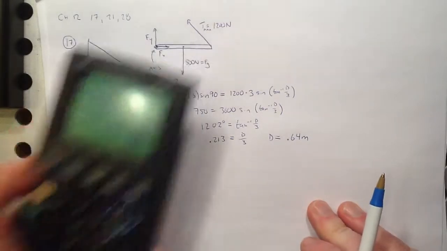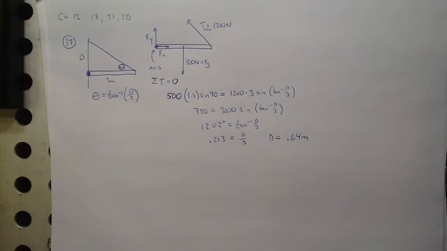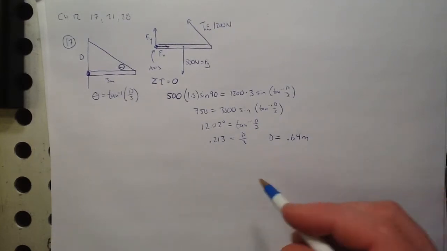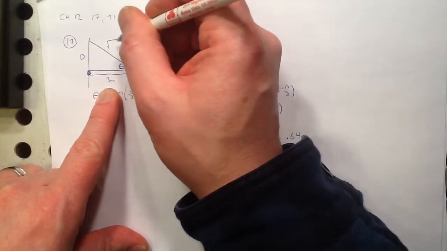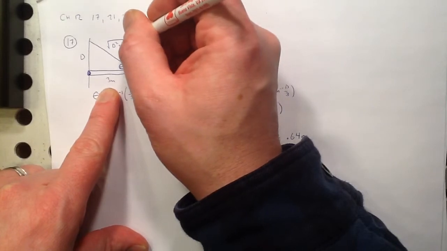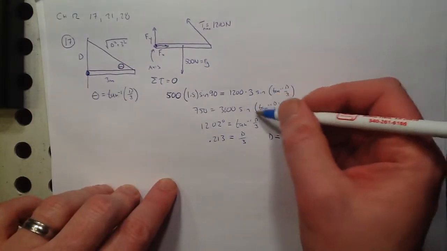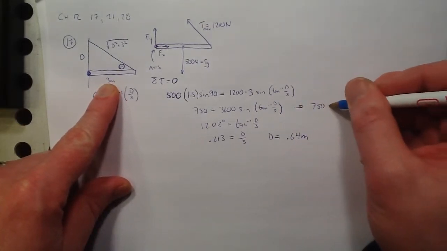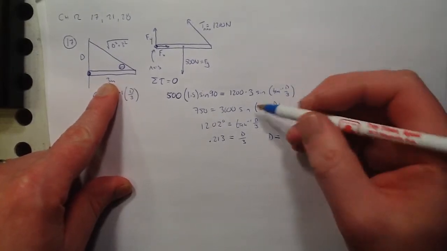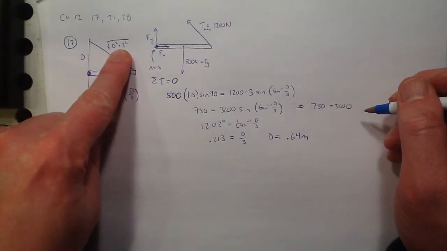There's another way to approach that. I don't think it's particularly going to help though. I guess we could try it and set up this equation. So if you know that this is d and this is 3 meters, then by the Pythagorean theorem, this is the square root of d squared plus 3 squared, right? Which means 750 is equal to 3600 times the sine of this angle, which is opposite over hypotenuse.